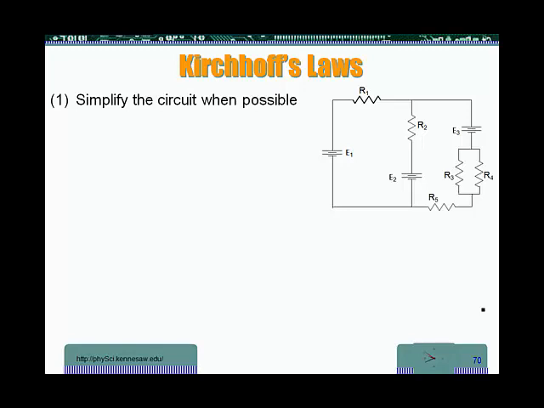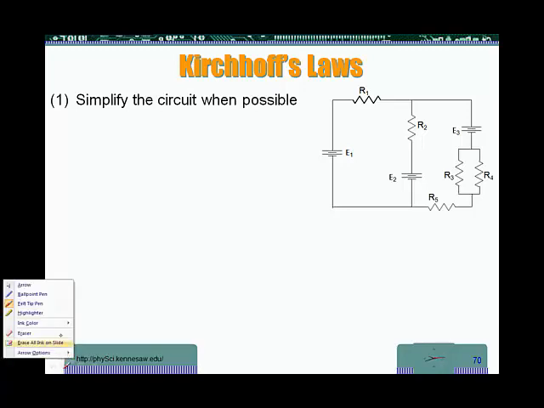You notice a little while ago I kind of took care of everything. But really, if I'm trying to work the problem and if there is a way to simplify it, I should do that. And in this particular circuit, there are a few simplifications I can make.